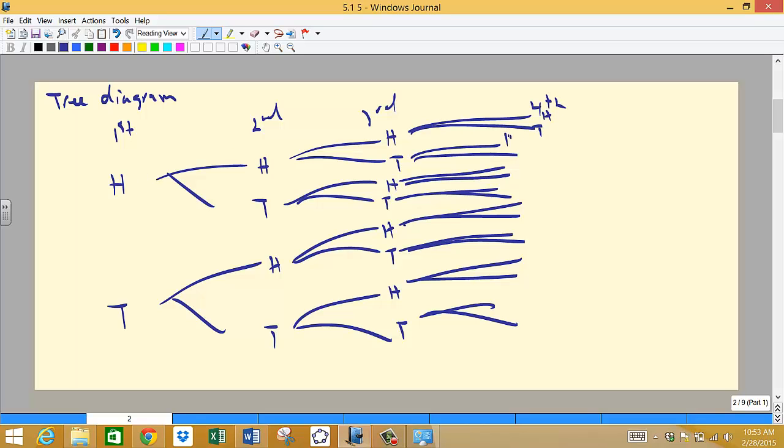Then heads, heads, tails, heads, and so on. You basically just go down each branch. So let's go ahead and list this out.